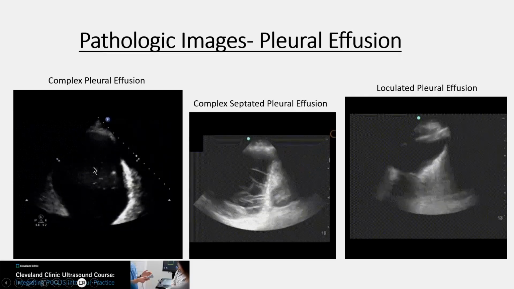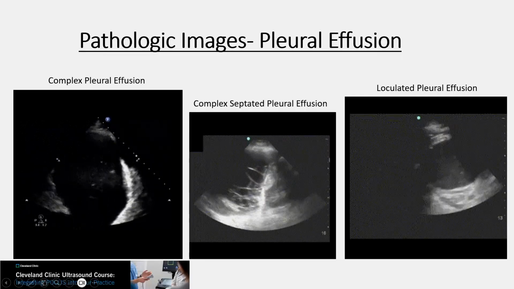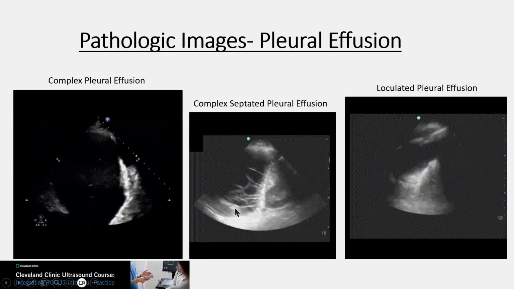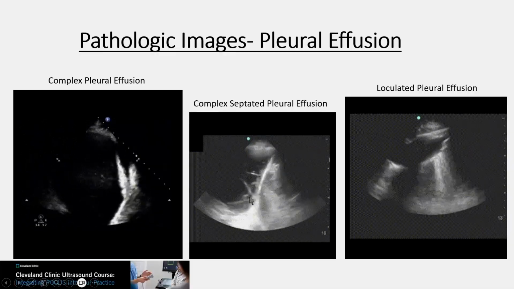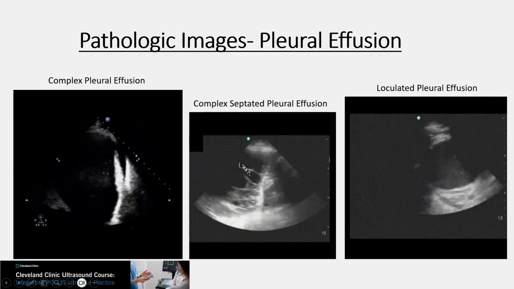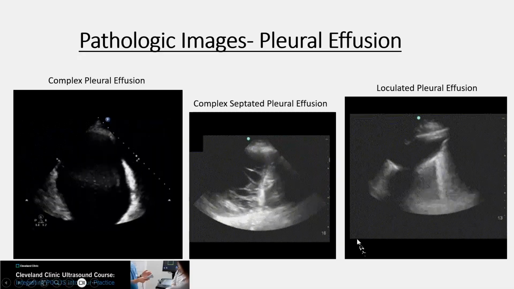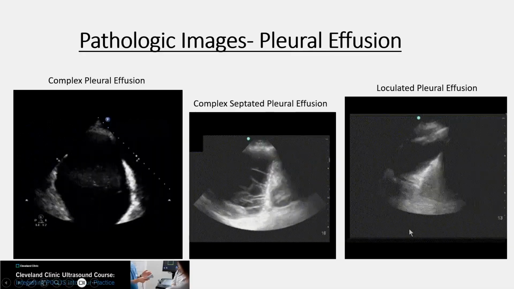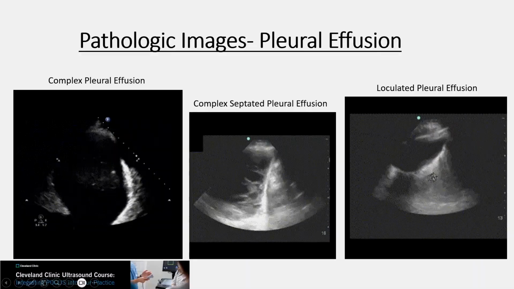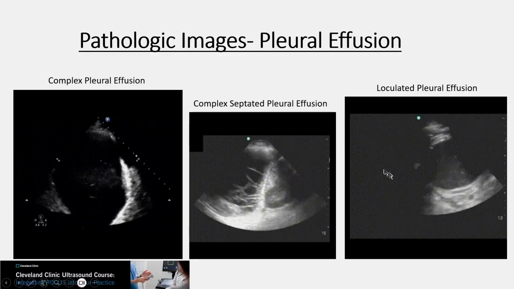This is indicative of some type of thicker material within a simple effusion. In the middle, you'll see a complex septated pleural effusion where you can see the proteinaceous capsules of the fluid inside the pleural effusion. And on the far right, you'll see the loculated pleural effusion, which is well defined by the proteinaceous outer wall of this loculation here.